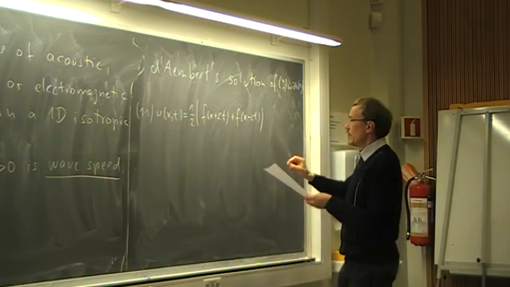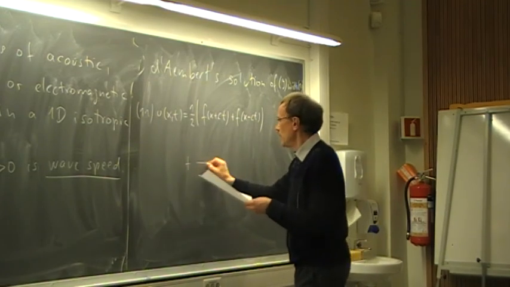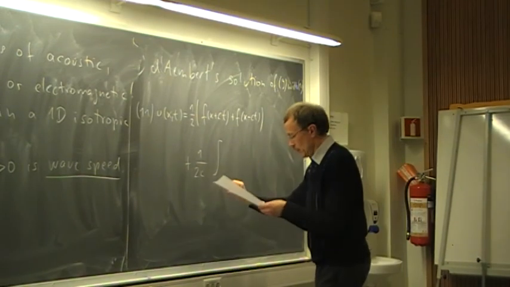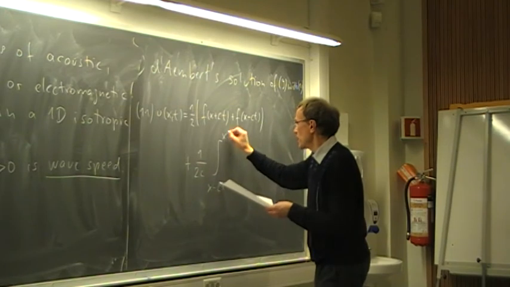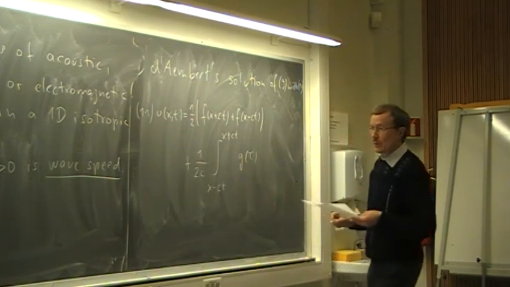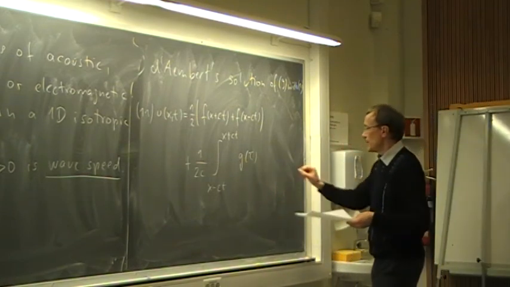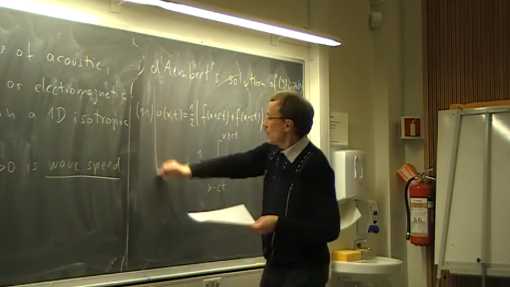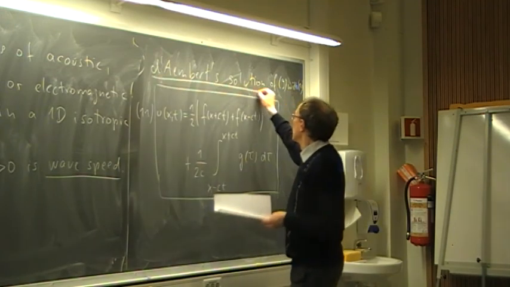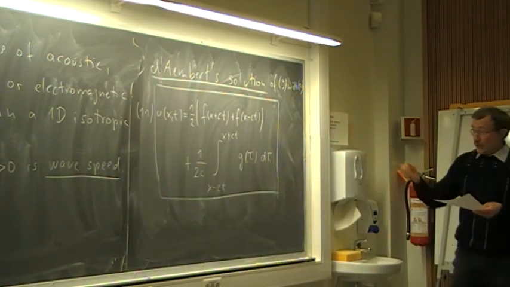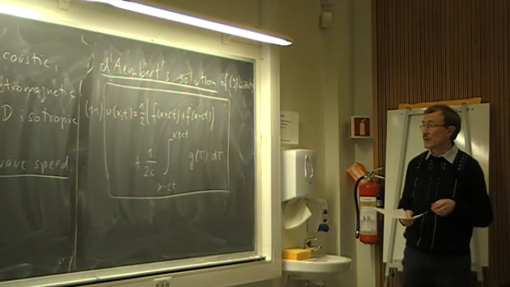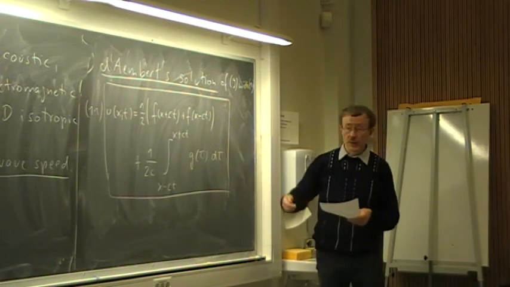And then it has also another part, which is 1 over 2c, with wave speed c, times the integral from x minus ct to x plus ct, where we integrate over the first time derivative for t equals 0. So that is our D'Alembert's solution. And you can show that again by just putting it into the PDE and doing the derivation and seeing that that is satisfied, and also that the initial conditions are satisfied.